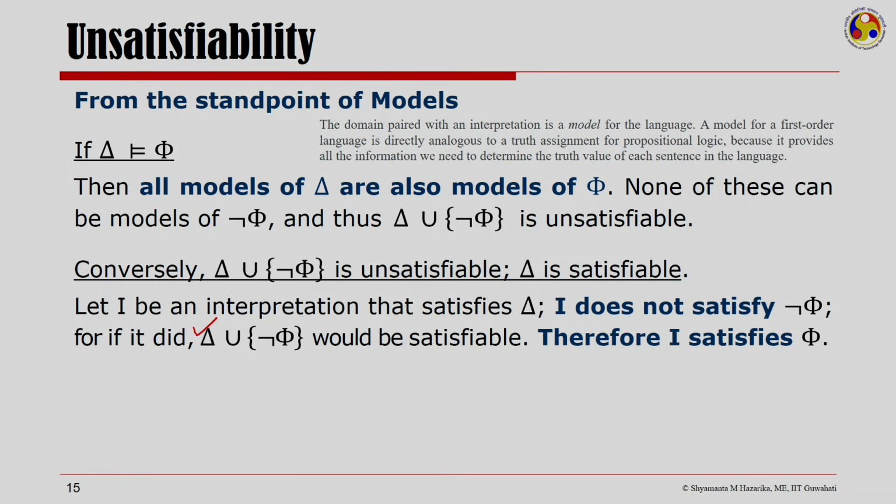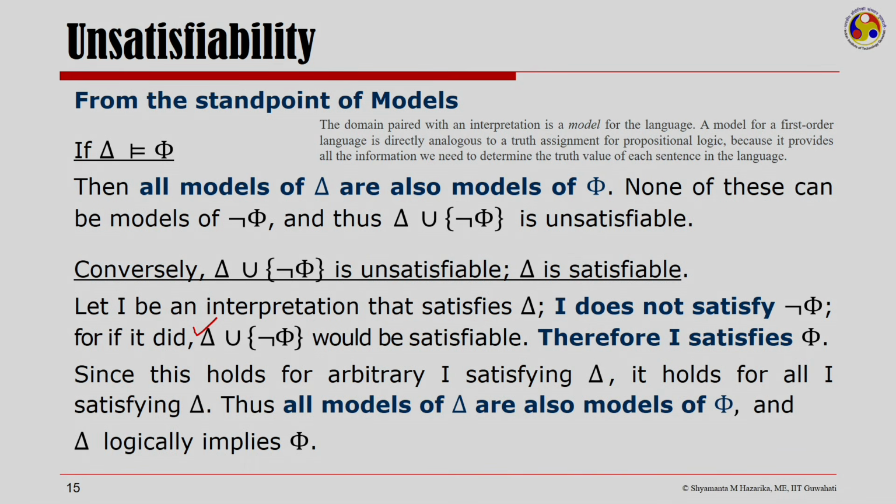Therefore, the interpretation I satisfies phi. Since this holds for any arbitrary interpretation satisfying delta, it holds for all interpretations satisfying delta. That is, all models of delta are also models of phi, and we can say that delta logically implies phi.